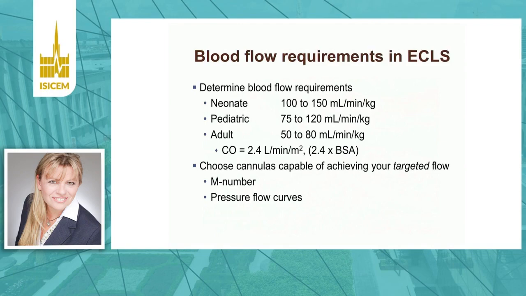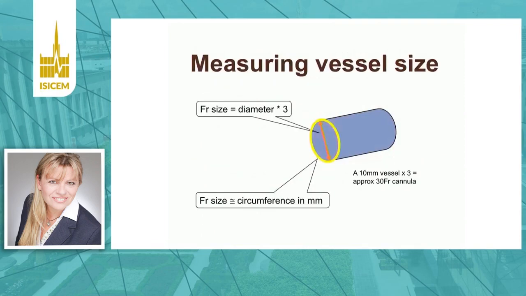This picture shows how to measure vessel size, because cannula size is given in French. It means the circumference of the cannula is given by French, and the French size is the diameter multiplied by 3.